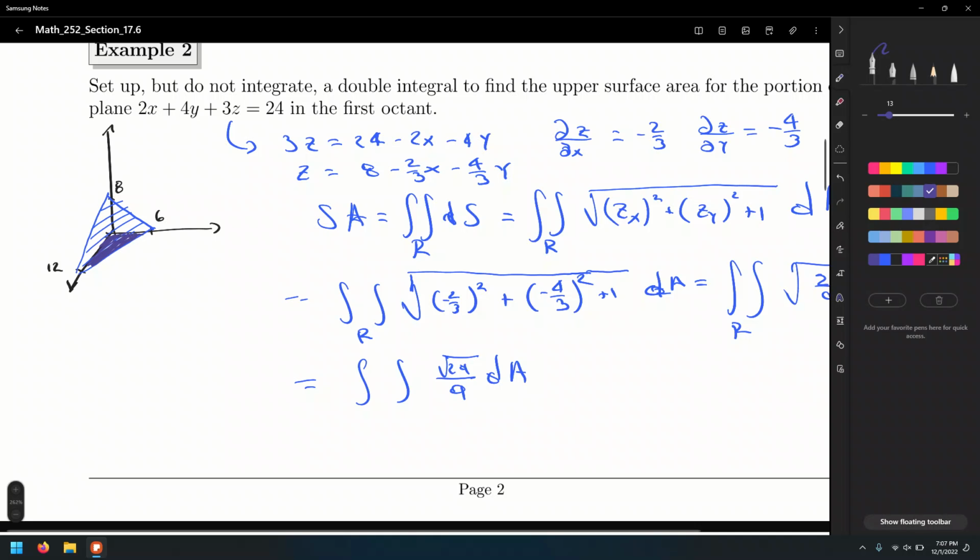So that is what's going on over here. And for that, I'm going to take that part and draw it here. That should be this line, and that goes to 12 and 6.